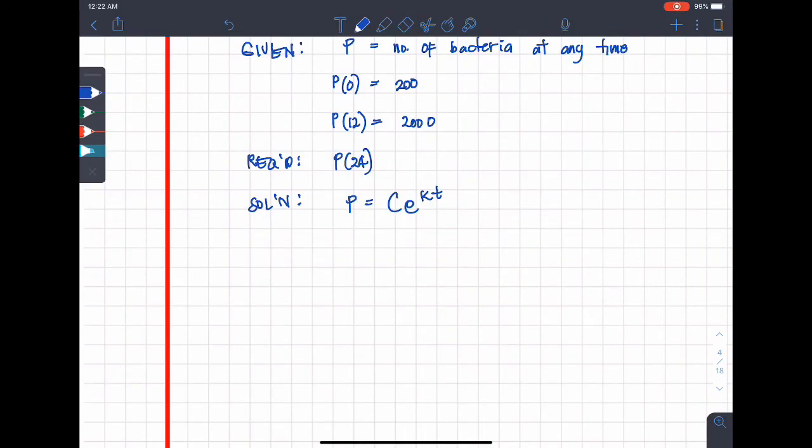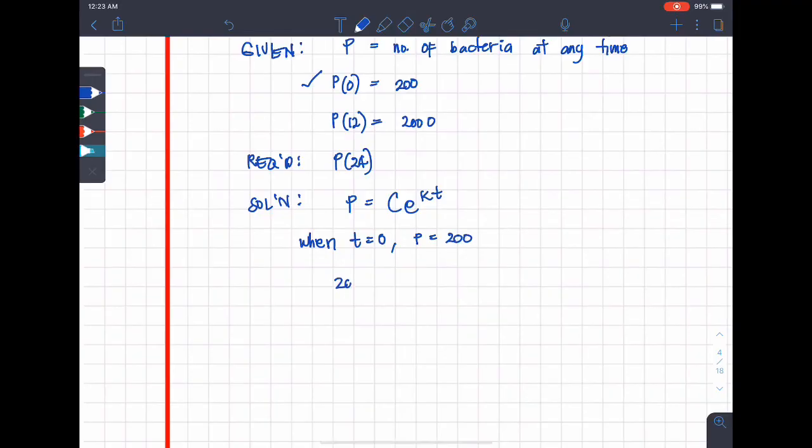We start with our initial value to get the value of C, when time is equal to 0. The population of bacteria is 200.